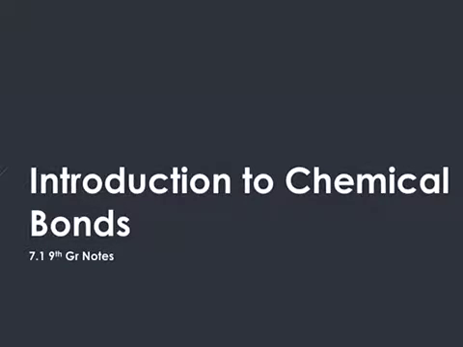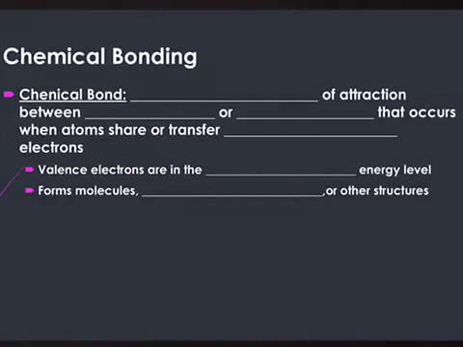With Chapter 7, we're going to look at different types of chemical bonds. And so with this video, we're just going to introduce chemical bonds. So a chemical bond is a force of attraction between either atoms or ions. And this occurs when atoms share or transfer their valence electrons.